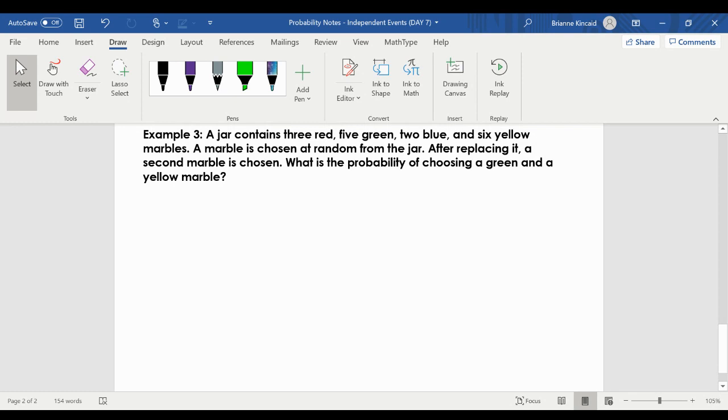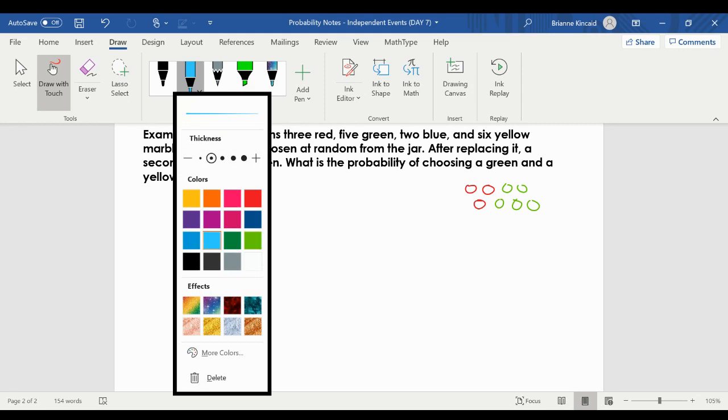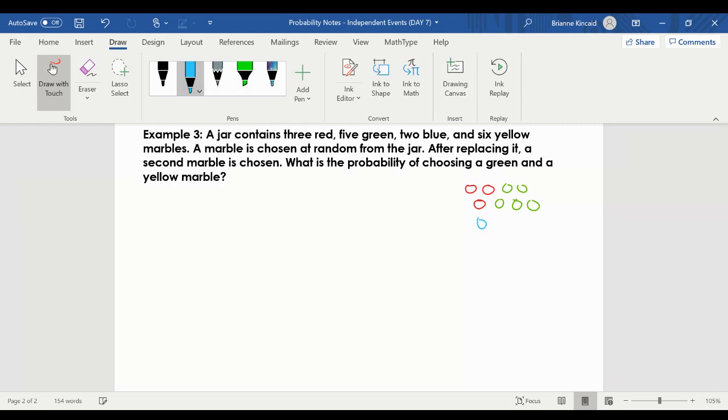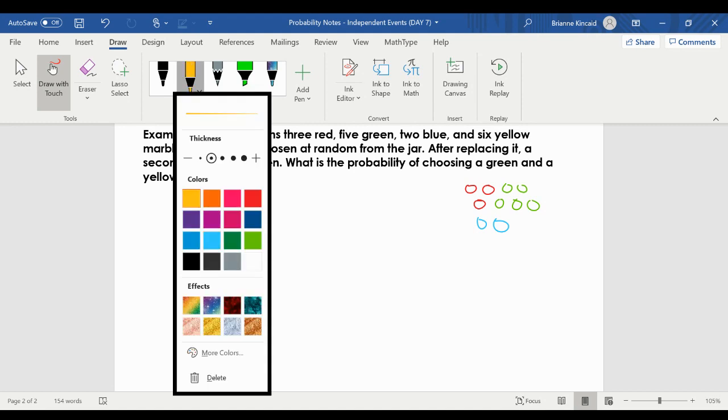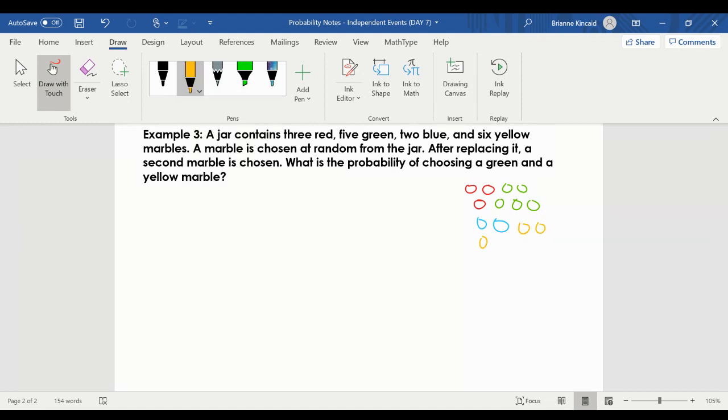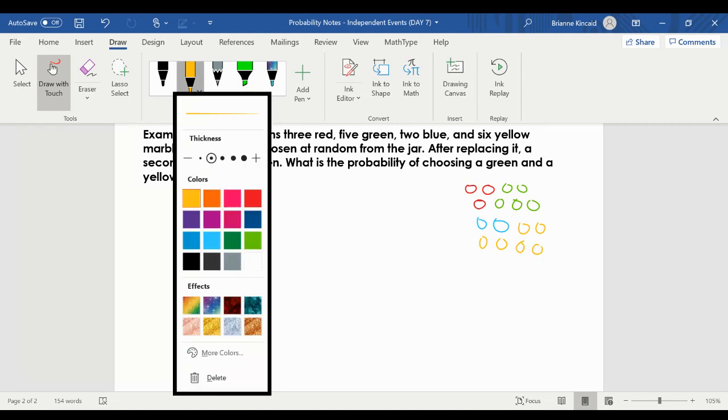Okay, and our last one, we have a jar that contains 3 red, 5 green, 2 blue, and 6 yellow marbles.